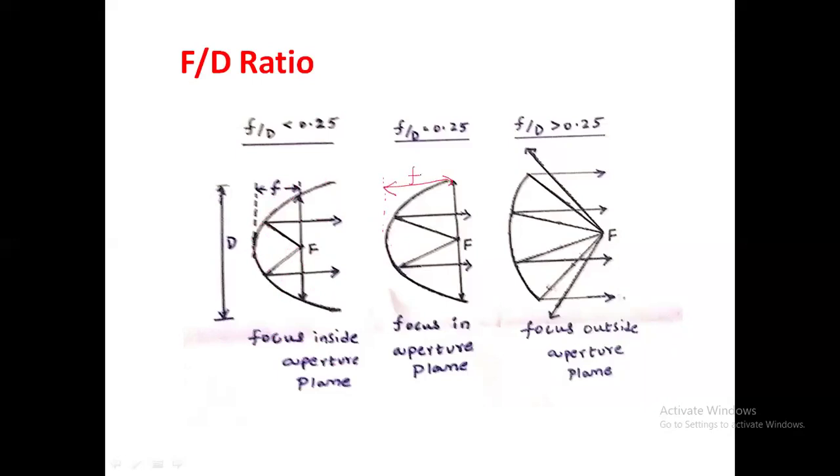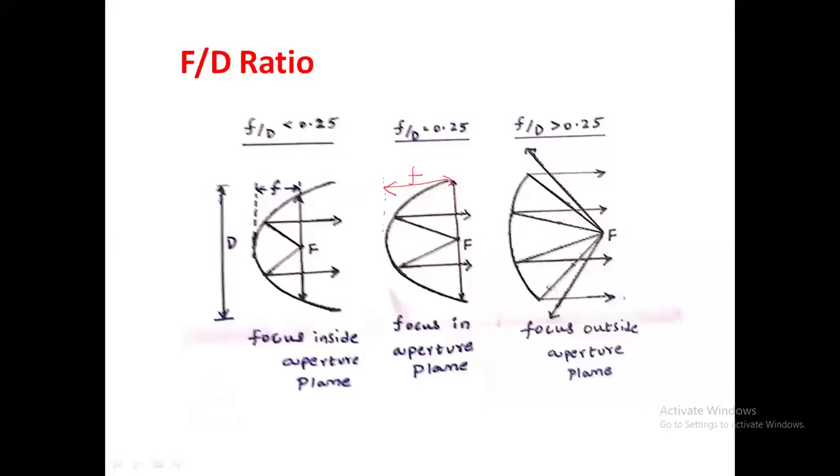You can take a reference here, and this is the D. D is common in all the cases. In the second case, F by D is exactly 0.25. That means I have placed my focal point exactly at the aperture opening.